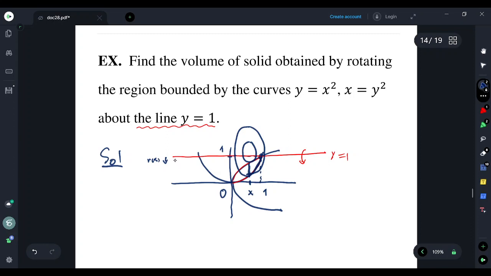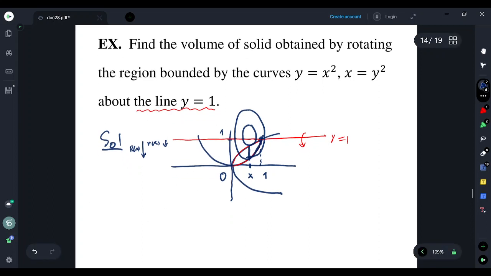The figure is too small, and the bigger r is this R(x). So what we're going to need to know is small r(x). This is the small r(x), while the big R(x) is from the same as this distance.